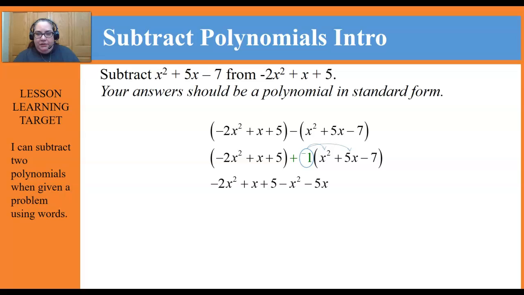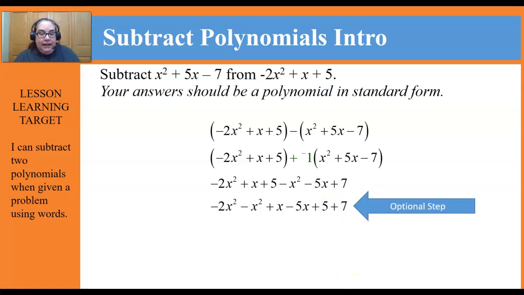And when we distribute the negative 1 times the negative 7, negative times a negative is positive 7. So at this point, you can just combine your like terms as you see them. If you like to, and there's nothing wrong with it, you can rewrite it so that your like terms are close together. That is optional.